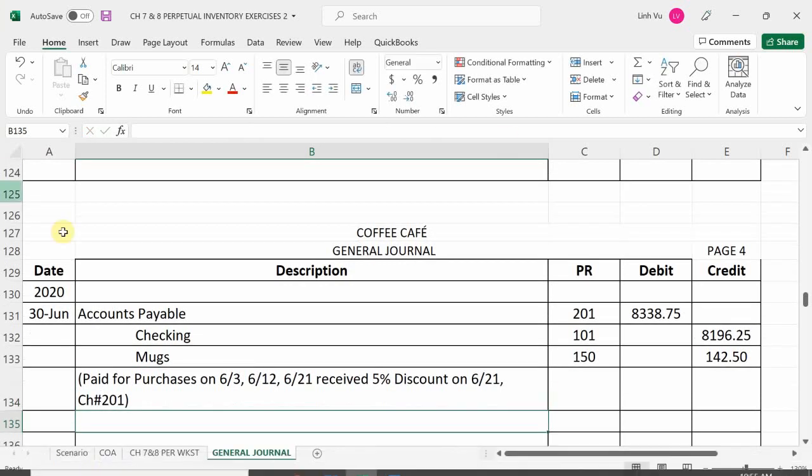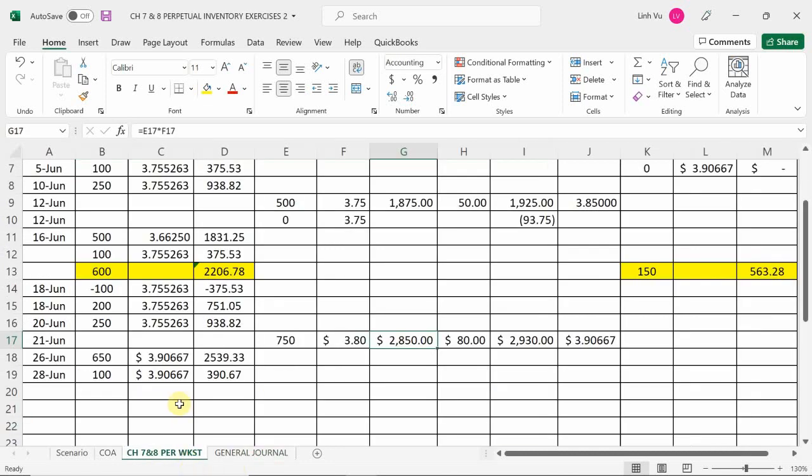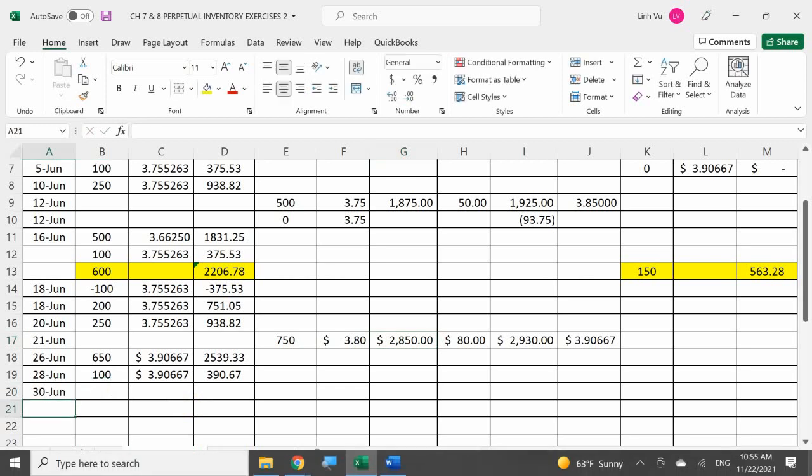Now that I've figured all these numbers out, there's one last thing I have to do. I need to put in my discount here, because that's going to go against my inventory. My discount is $142.50. So going back up to my inventory worksheet on the 30th, I'm going to recognize nothing for the discount, but the cost was $3.80.